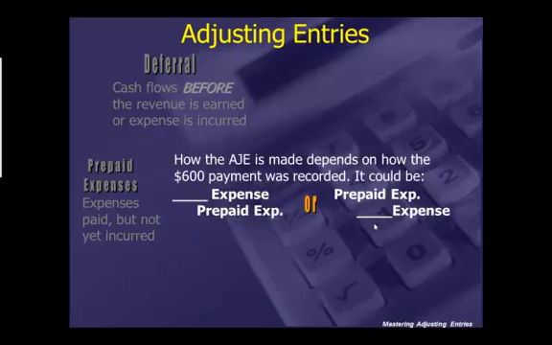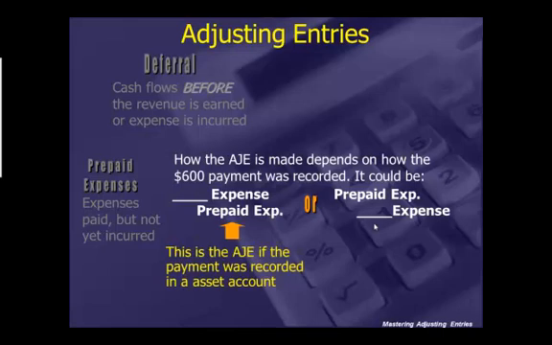Now, the adjusting entry that is made depends upon how the $600 payment was initially recorded. Keep in mind that you could set it up and debit an expense and credit prepaid, or you could debit a prepaid expense and credit whatever the expense is.